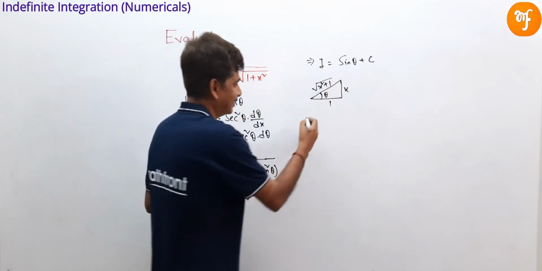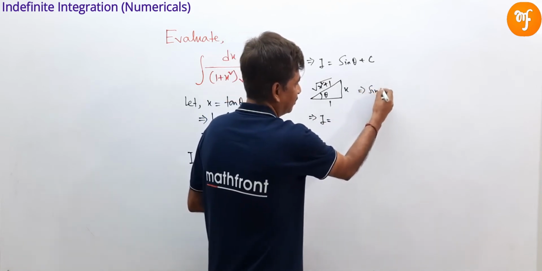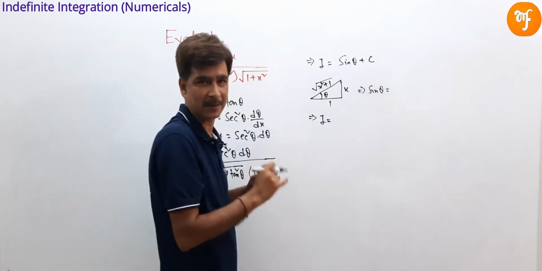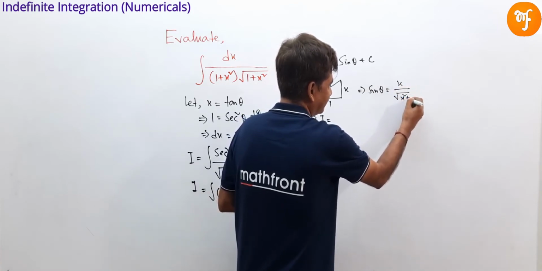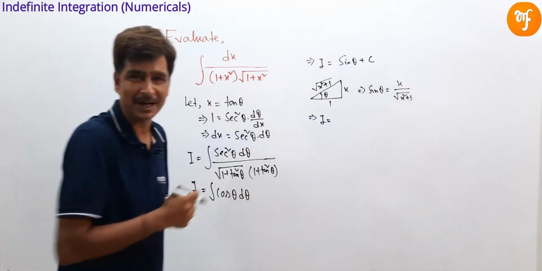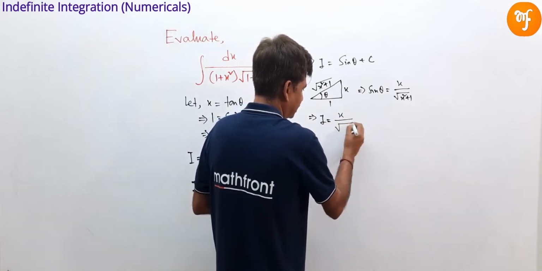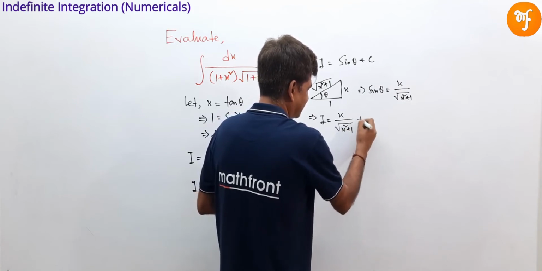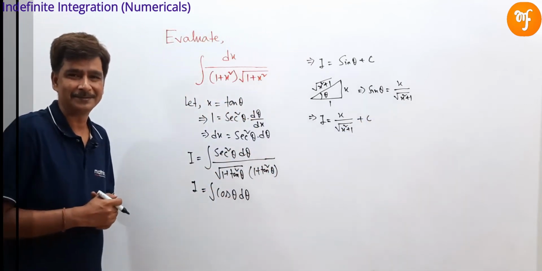So what is I? I can be written as, in this case the sin theta becomes perpendicular by hypotenuse, x divided by square root of x square plus 1. So the integration can be written as x divided by square root of x square plus 1 plus c. Okay, clear? Now come to the next question.